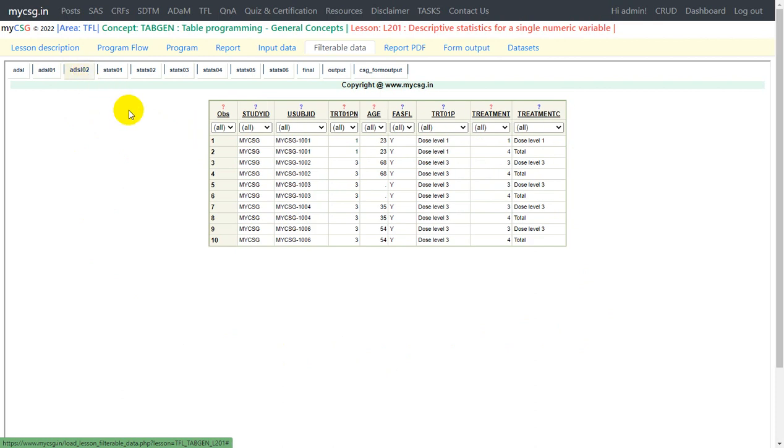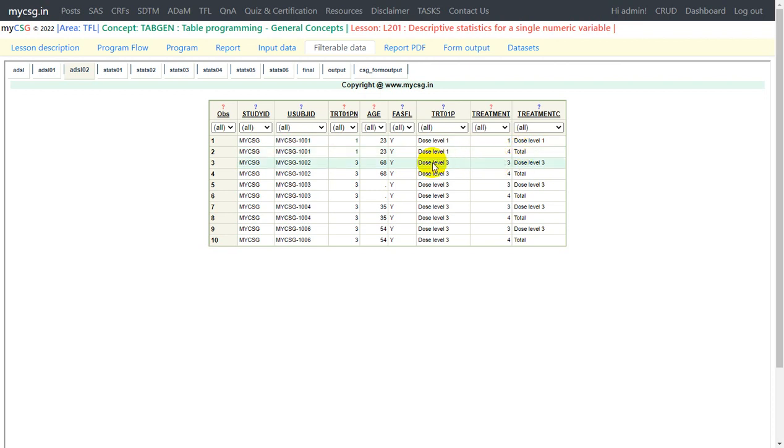I am replicating each row with a value of total in the treatmentC variable and 4 in the treatment variable. I am using TRT01PN in the first instance when I output the record. Then I am using a value of 4 for the treatment variable and total in the treatmentC variable. So this subject is now replicated for the total column so that when I get the statistics, this subject will be counted under dose level 1 and also under total.